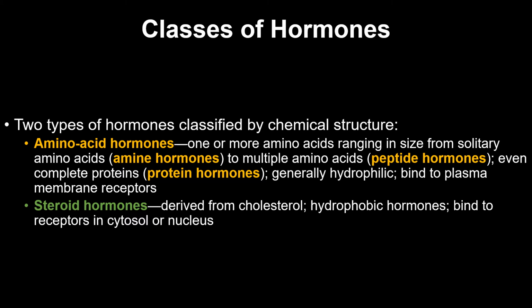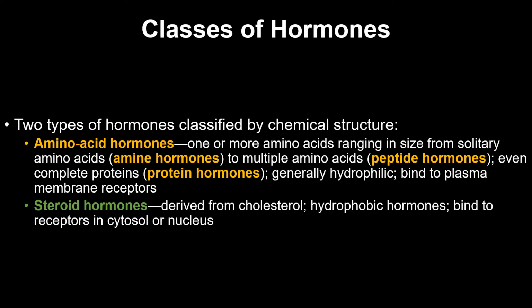Now, the classes of hormones include two basic chemical structure classifications. First, you have the amino acid based hormones that are going to be made up of one or more amino acids, ranging in size from one amino acid, and these are going to be your amine hormones.